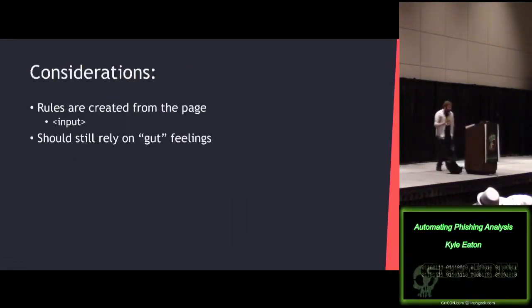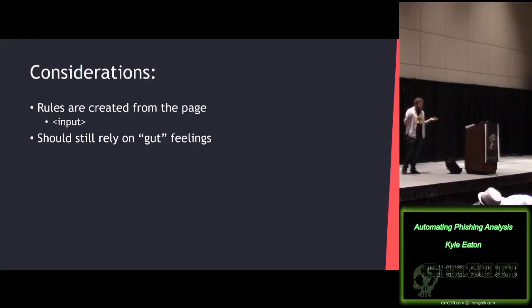And again, there are a few considerations with this whole thing. All of the rules are generated from attacker data, essentially. It's the phishing page, and we don't control what that is. Not that we have to worry about malicious content coming back to us.